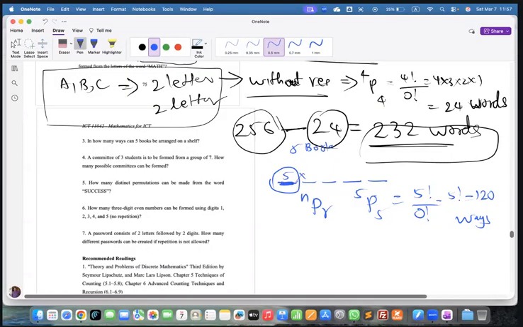Once I fill the first position, for the second position I have only 4 books, so 4 ways. For the third position, I have already filled the first and second positions, so I have 3 books. 5 into 4 into 3 into 2 into 1. So altogether 20 into 6, 120 ways, right? This is also one way you can answer the question without using the equations.